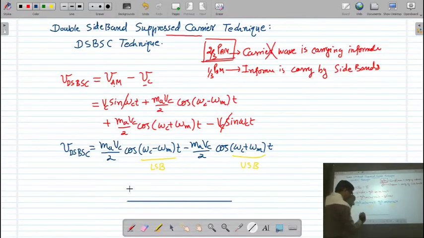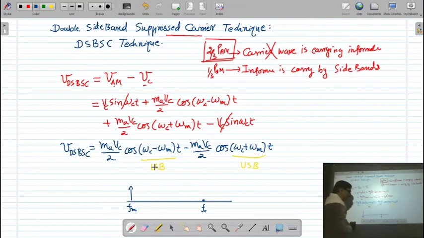Here we can have a modulating frequency Fm present somewhere. Here, the carrier frequency will be there, but the carrier frequency is suppressed, so we are not representing it with an arrow, only a dot, because its amplitude is not there.